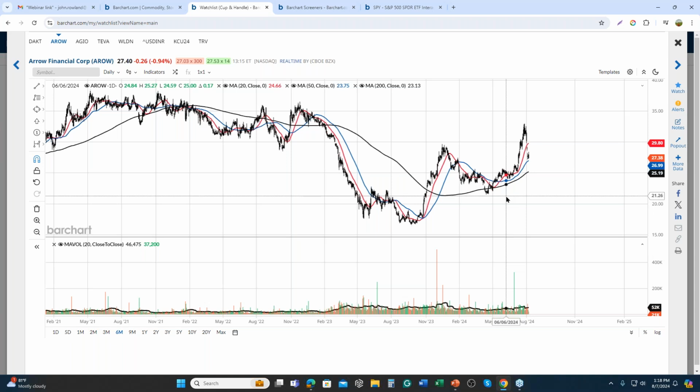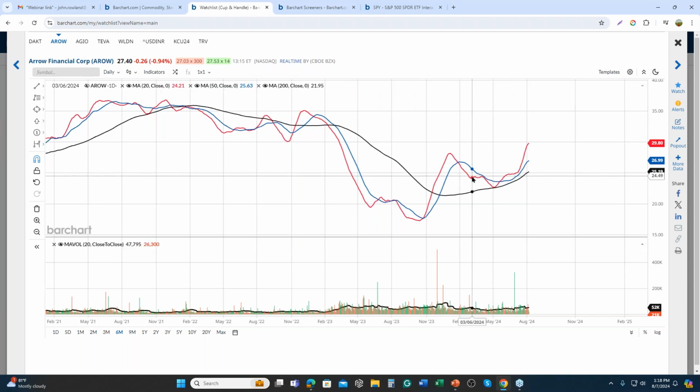Now, a lot of times with these types of cups and handles, if I look at the randomness of price and then take that out and just look at my moving averages, what do I see here? Well, the 50-day moving average is certainly very cup-like, but what does the 20-day moving average look like?